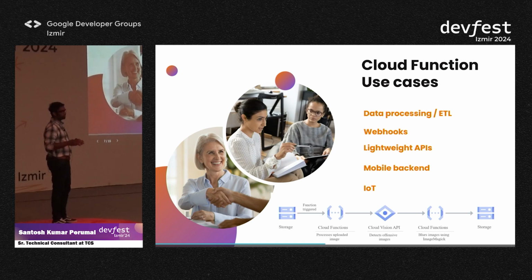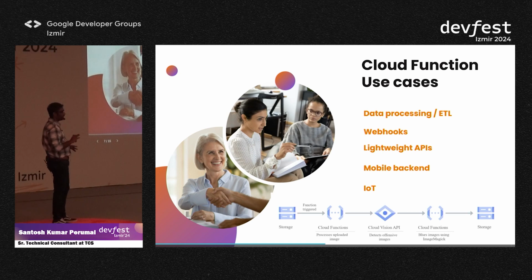All the offerings within the cloud are nothing but APIs. So it calls a Cloud Vision API, which detects offensive images, and again this Cloud Vision API will call a cloud function which blurs the offensive images and then uploads the fresh image to the cloud storage.